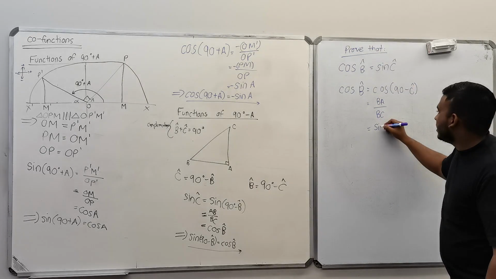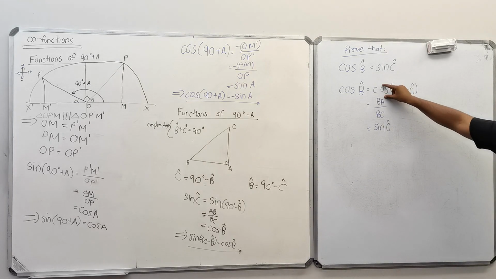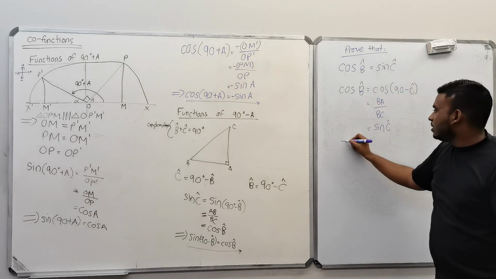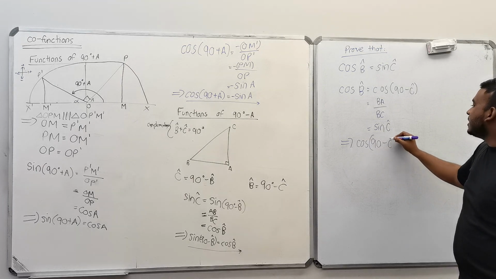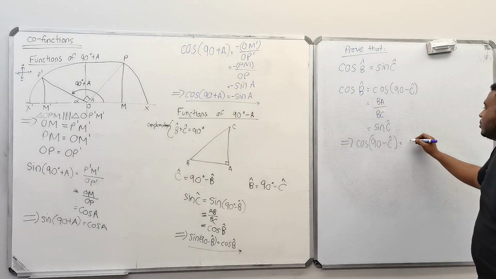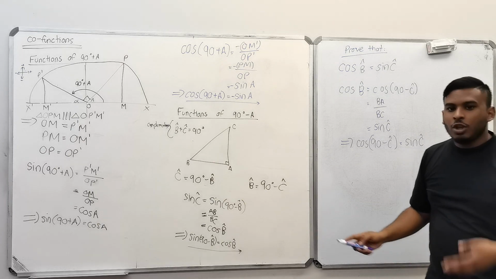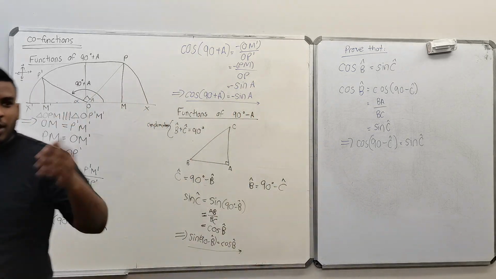So this here is sine of angle C. Because this is equal to that, if you take out that portion, cos of 90 minus angle C is equal to sine C. So in terms of co-ratios, cos of 90 minus the angle would equal sine of the angle.